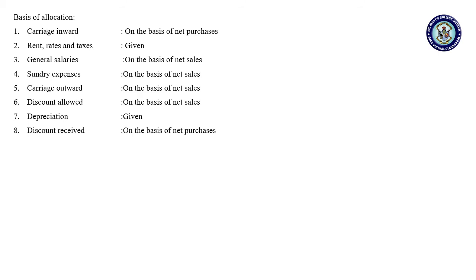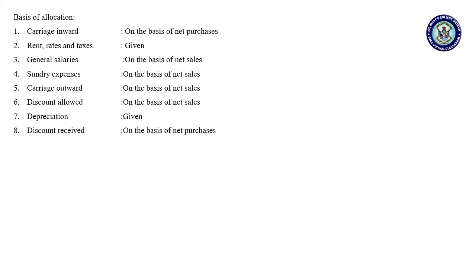Third one, general salaries. Now, salaries are given to the employees. So it should be apportioned on the basis of hours worked, that is, how many hours they worked in the factory or in the office, or on the basis of number of employees.